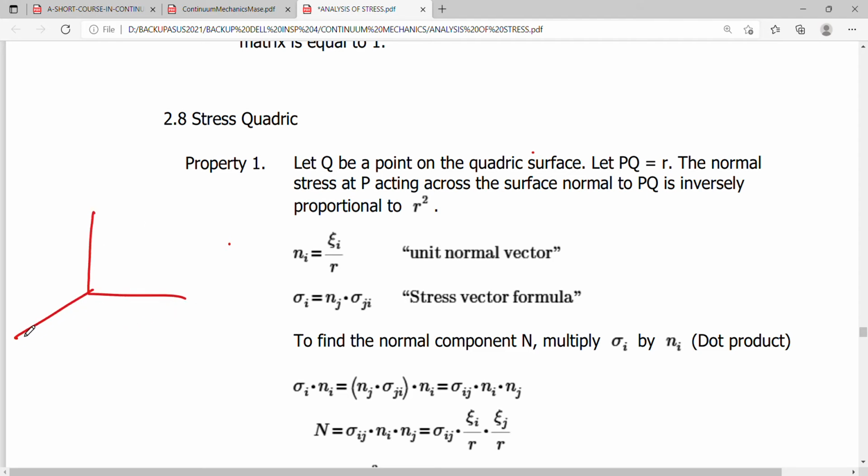a quadric surface. Okay, so a quadric surface is simply a representation of a curved surface, more or less viewed only on the positive octant in a three-dimensional space, such as this one drawn here.